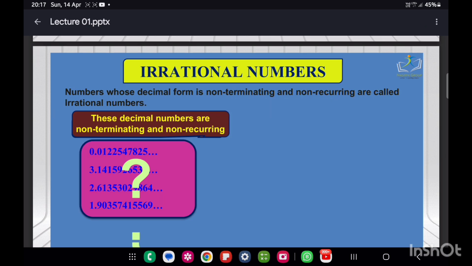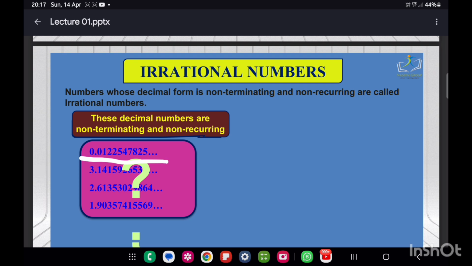Next, coming to the topic irrational number. We know that a rational number is in the form of p by q. An irrational number is a number whose decimal form is non-terminating and non-recurring. These decimal numbers are non-terminating and non-recurring. For example, there is no particular value of the decimal.